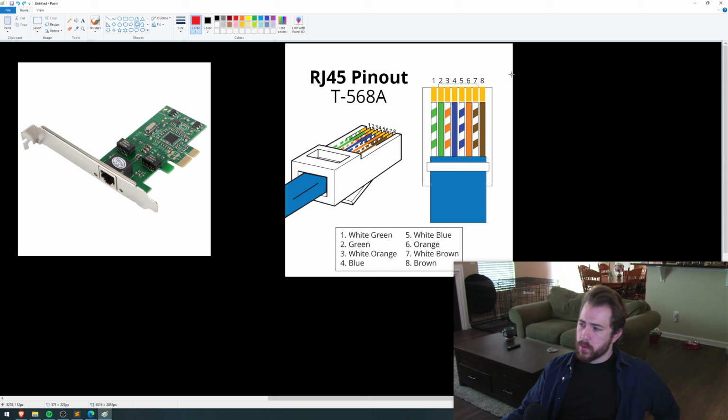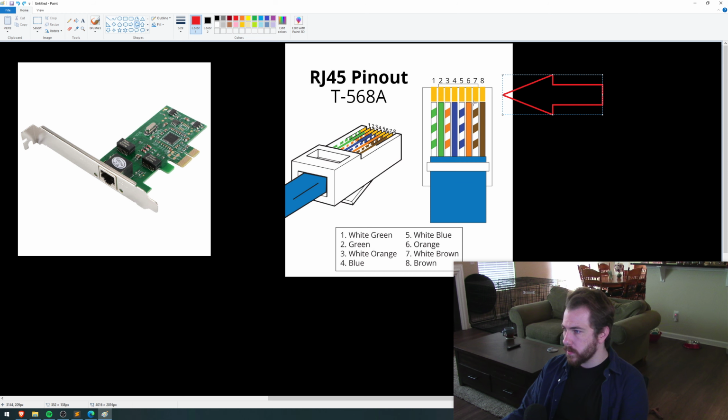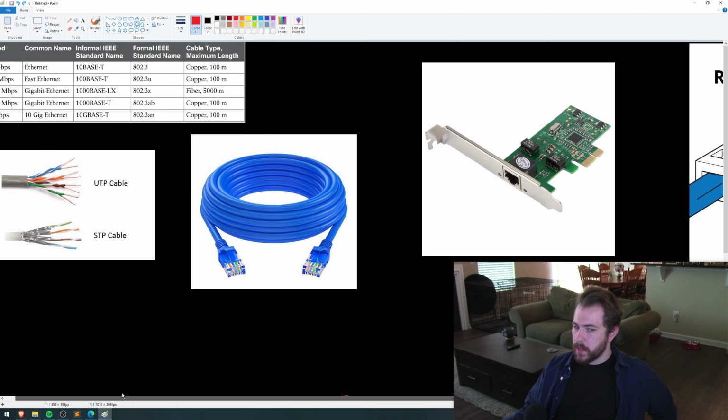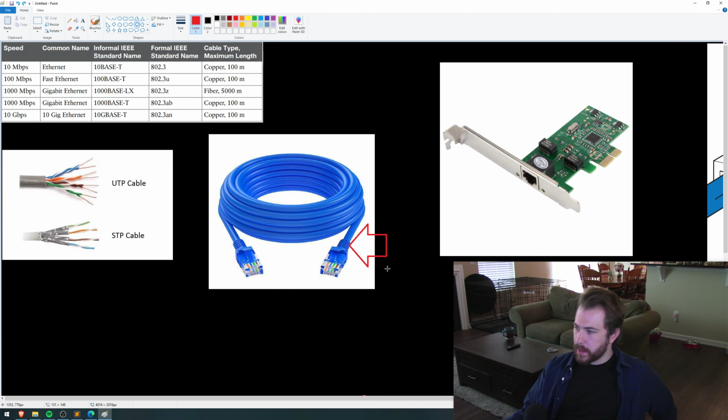This will also be important later when we talk about crossover and straight-through cabling. But as for right now, all you need to know is this is how it is formatted for a connection.